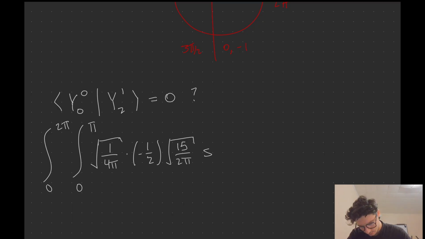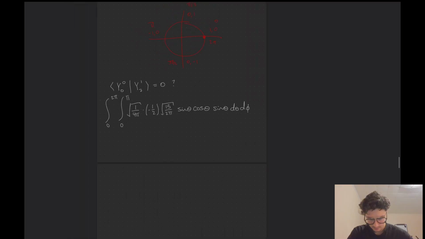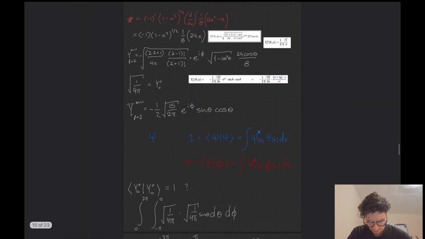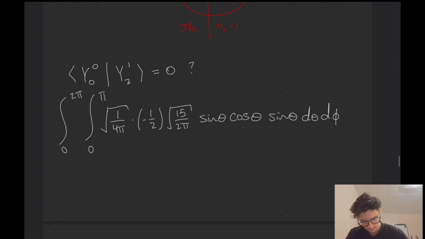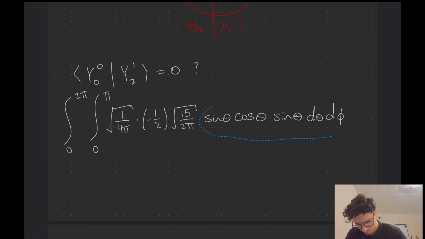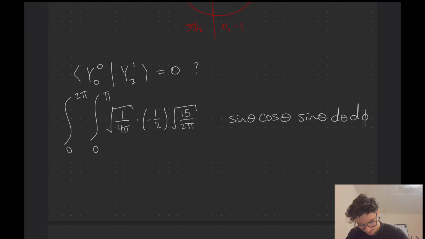Then we had sine theta, cosine theta, sine theta, d theta, and then d phi. Is that okay? Because we have minus 1 over 2, 15, 2 pi, e to the i phi here. Forgot an e to the i phi.